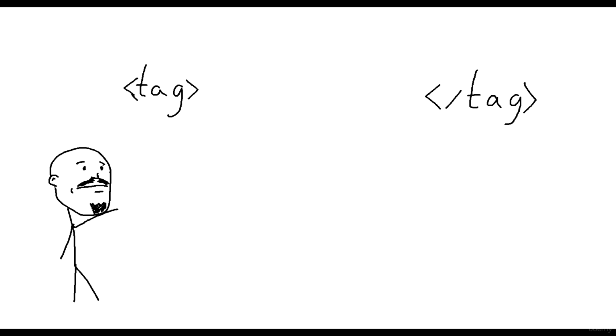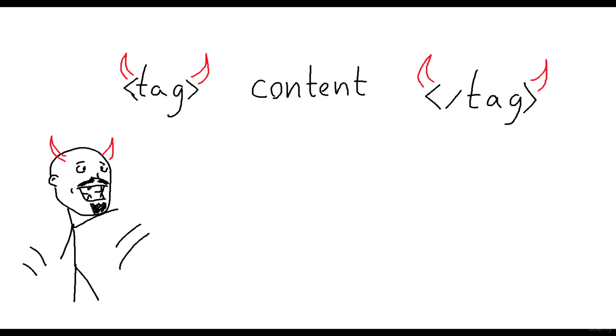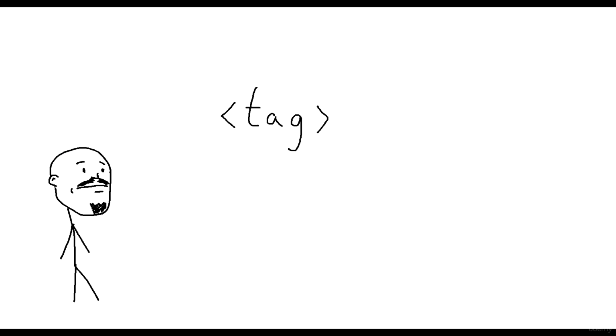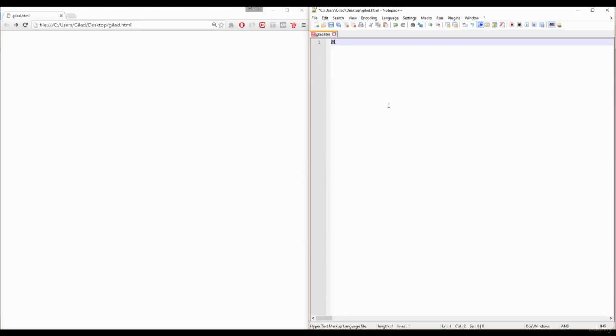Self-closing elements. We've seen that elements have an opening tag, a closing tag, and between them is the content we are manipulating. Not evilly. But some elements do not carry any content inside of them. Let's have an example.